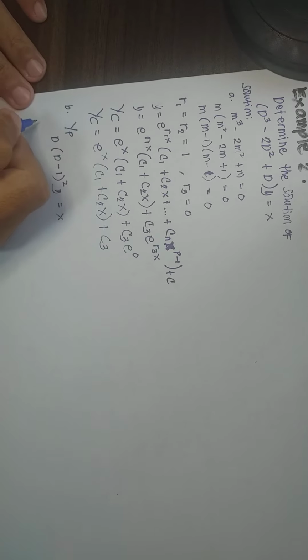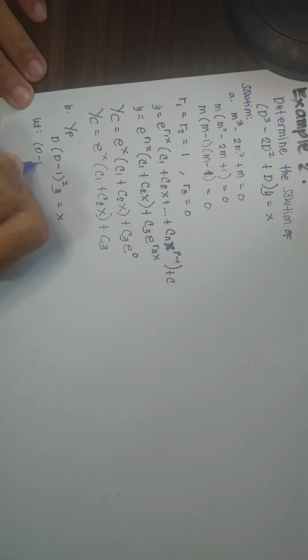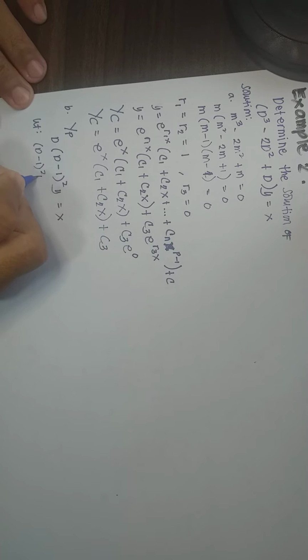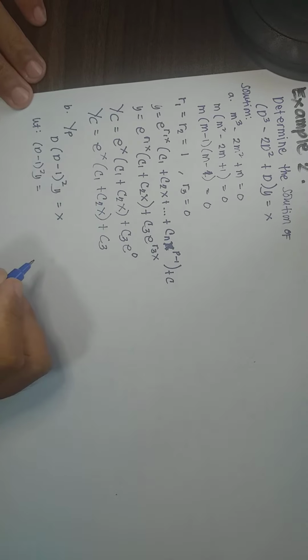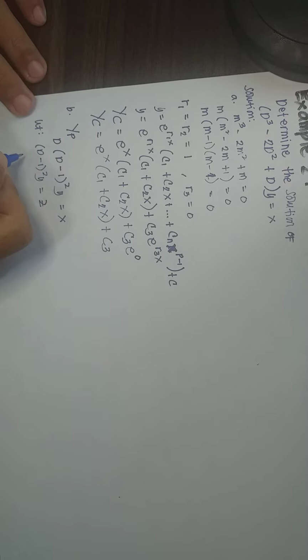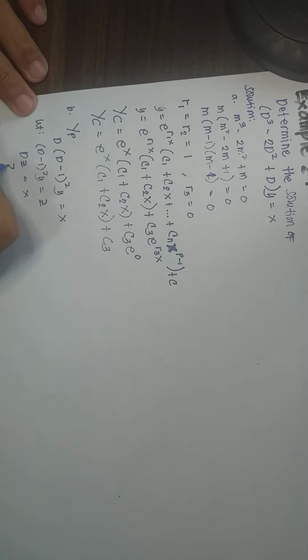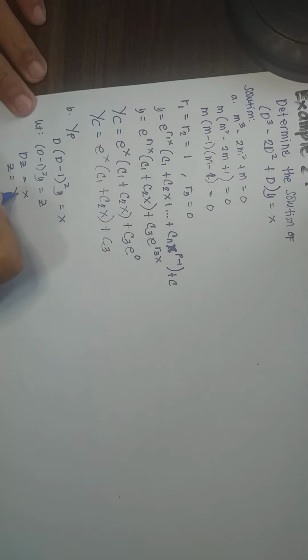So if we let D minus 1 squared y be equal to z, this whole equation reduces to Dz is equal to x, which will instantly give us z is equal to x squared over 2.